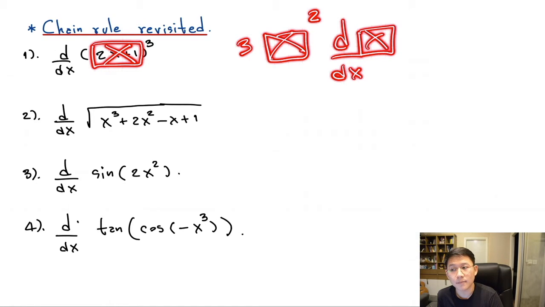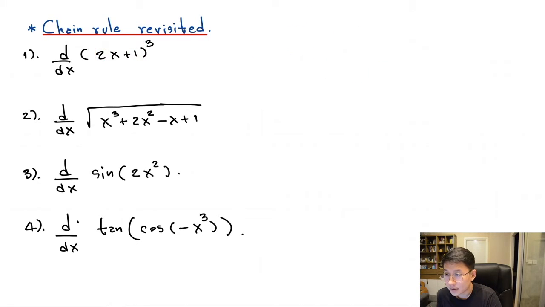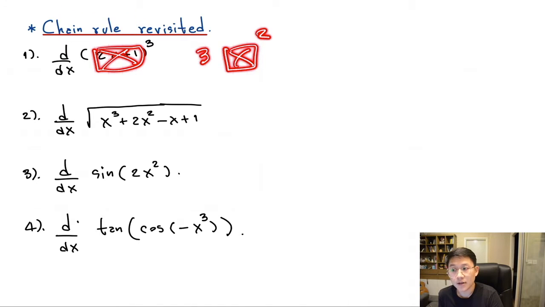Again, I'll look at this guy as a big X, and I can differentiate big X cubed, right? The derivative of big X cubed is 3 big X squared, and then by the chain rule, we differentiate the big X by x.